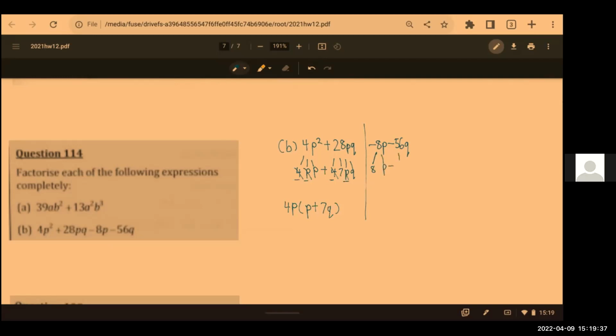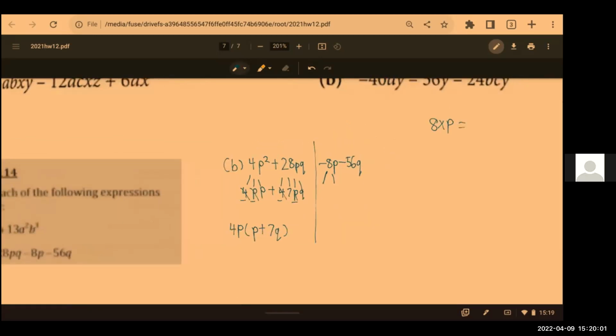Hold on. Look at the question again. It's minus 8p. So minus 8p, do you split to 8p or something else? Show me on the right, 8 times p, what do you get? So what is the question? Negative.